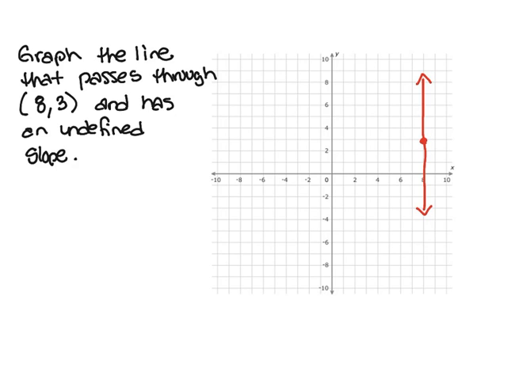Now, if I was to twist it and say, okay, give me the line that's going to still go through that point but has a zero slope, then in blue, I'm going to show that by just going horizontally. So be mindful of zero versus undefined slopes, knowing that zero slopes are horizontal lines and undefined slopes are vertical lines.